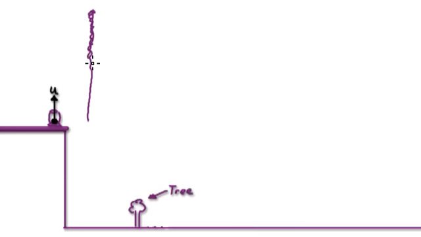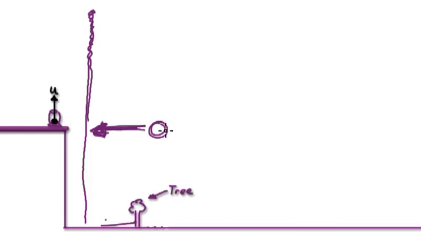But it will fall back to Earth and then go beyond our starting position here. So this here we're going to say is zero. Remember, it's what's called arbitrary. I chose this level to be zero.